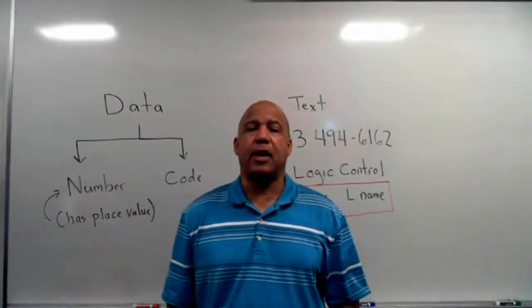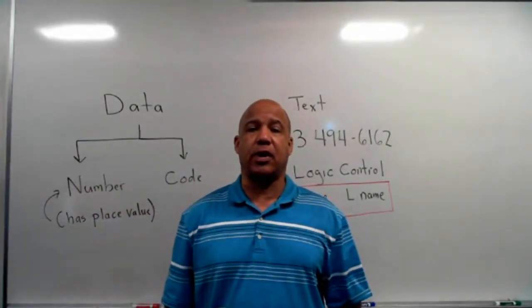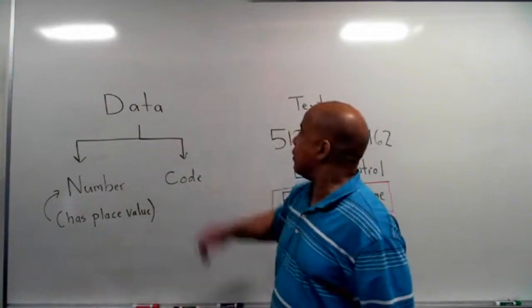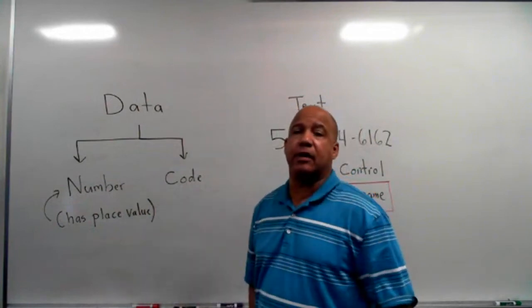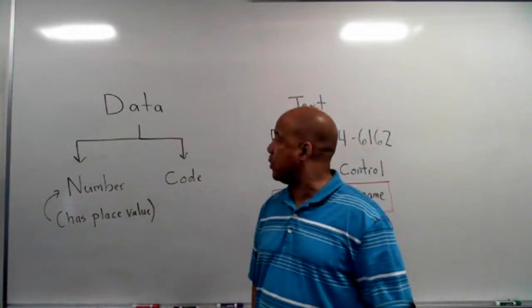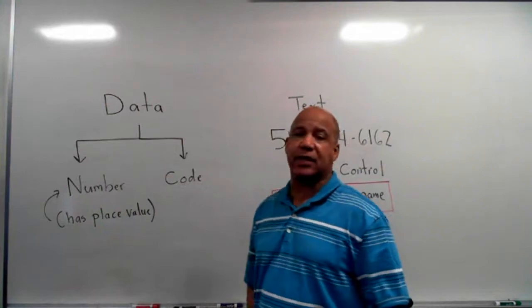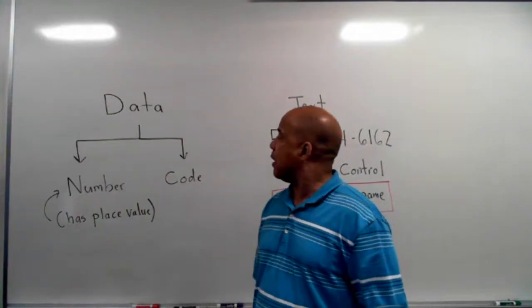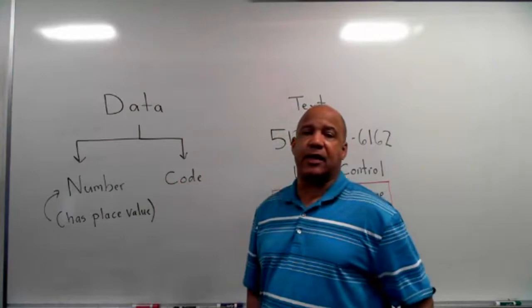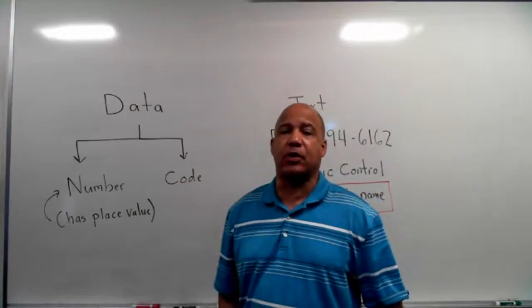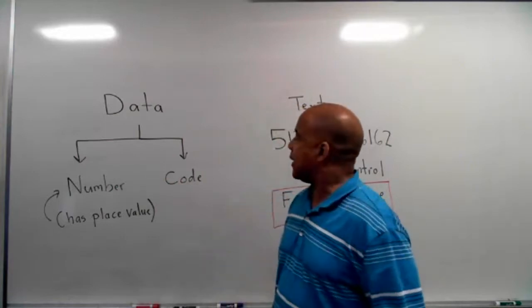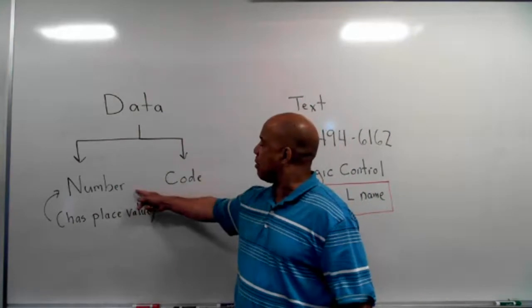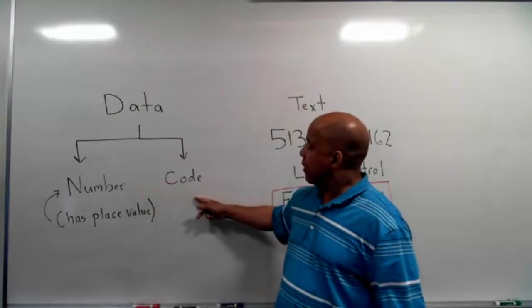I know I did. Today I want to talk about data, the way data is stored in digital systems, computers, devices that have microprocessors. We know that the data is stored in the form of zeros and ones, but it turns out that data can be a number or a code.